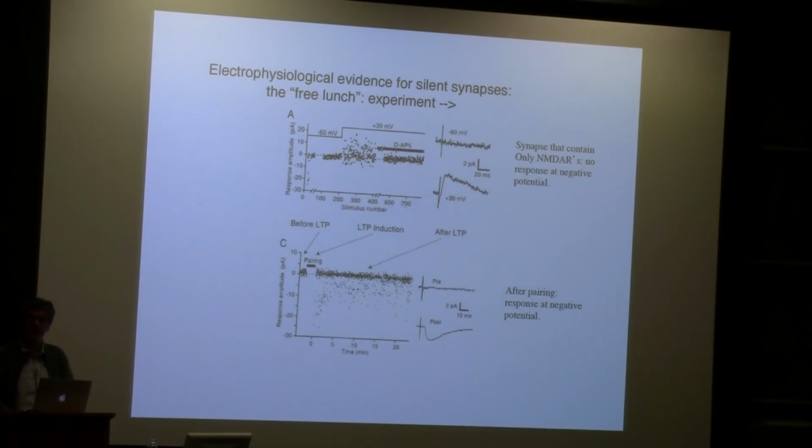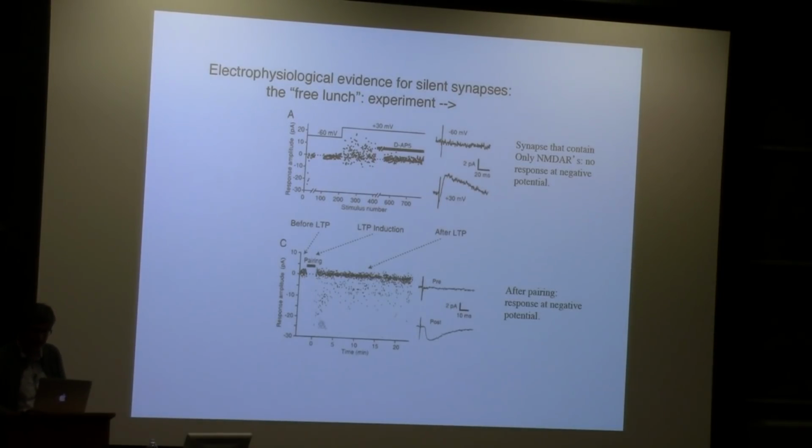Now, you take one of those silent synapses, because you detected it, and you ask, can I make it unsilent? Can I put in AMPA receptors? So you go back to minus 60, but at this moment you do the pairing. You depolarize the cell and activate as much as you can the NMDA receptors to induce LTP. As a result, AMPA receptors get inserted into that synapse.